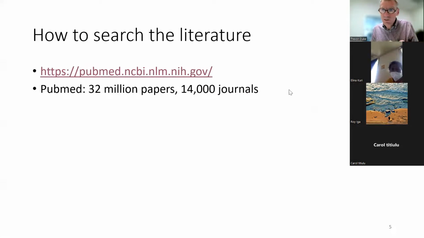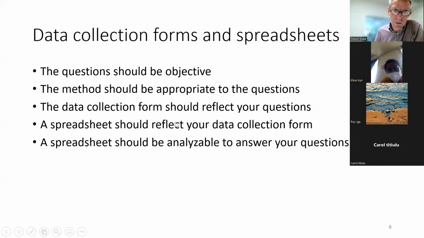Right, so I just wanted to show you PubMed briefly. There's many more things you can do with PubMed, search on lots of different things, but it's good to be able to do a basic search and find some papers that might help you with your initial research question.